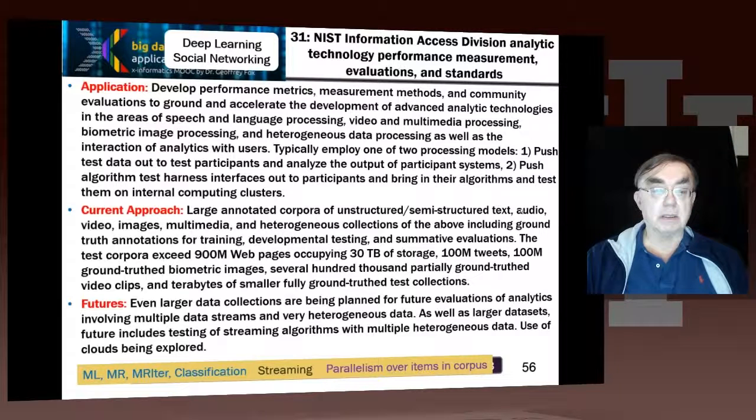And their data sets are used as the industry, inverted commas, industry standards to try to understand how good your particular new nifty analytics are. You go to the NIST website, use their standardized benchmark set and measure the performance of your new algorithm.